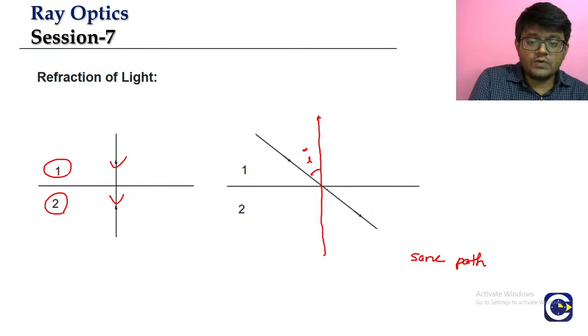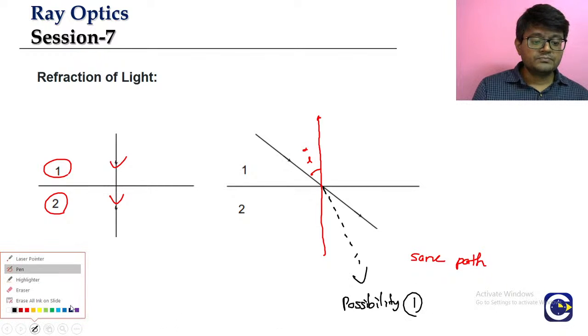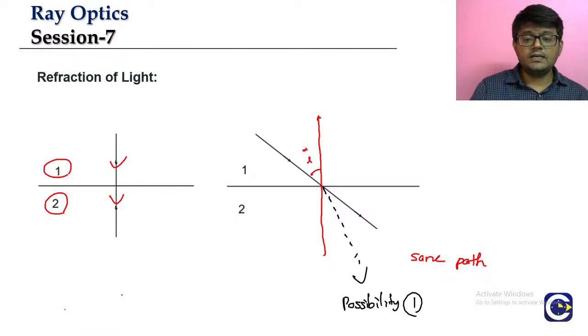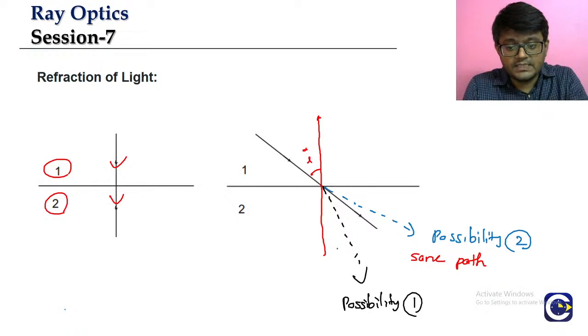Look at this, I will show one possibility: if the light ray, after entering into the second medium, is going like this, let us call it possibility 1. I will show you one more possibility, the other possibility, let us represent it like this. This is possibility 2.